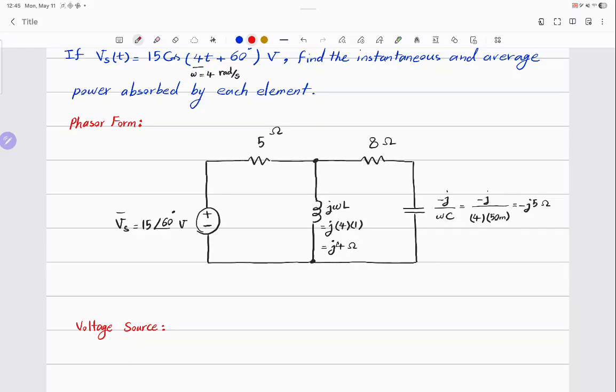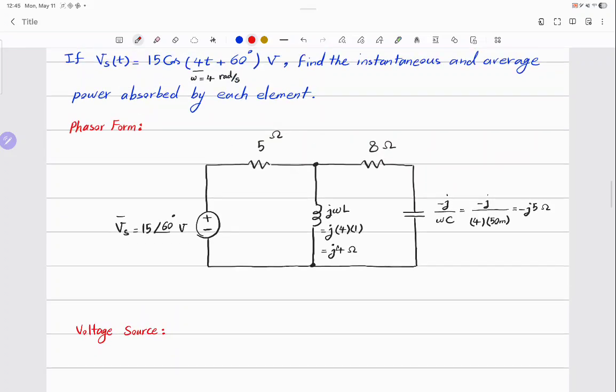For the voltage source, which one do I have? I have the voltage. So do I need to find the current as well, or can I only work with the voltage and find the power? Why?